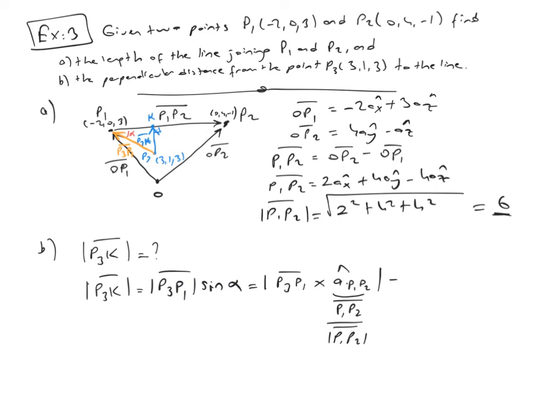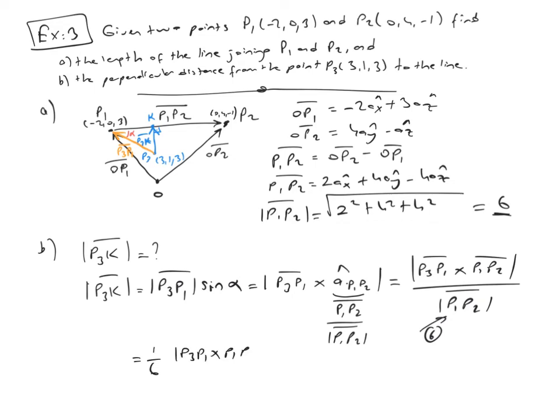So we are asked to find... and the magnitude of vector P1P2 is found as 6 in part A. So we are trying to find... let's find the result of this cross product operation.